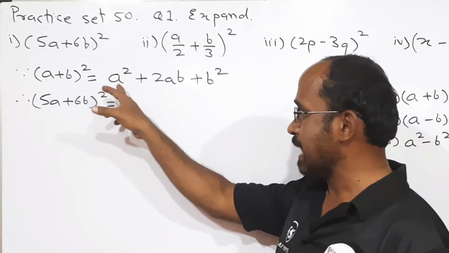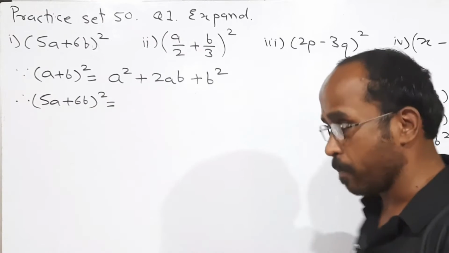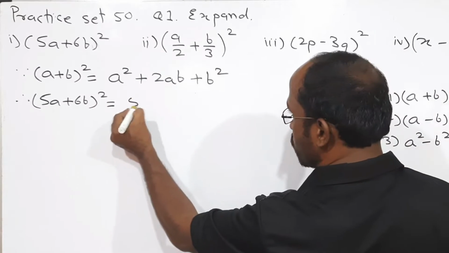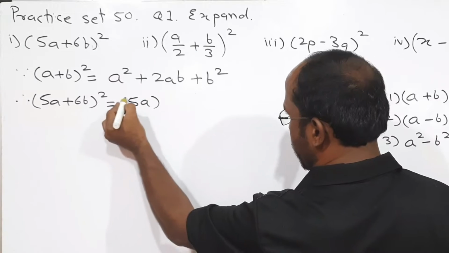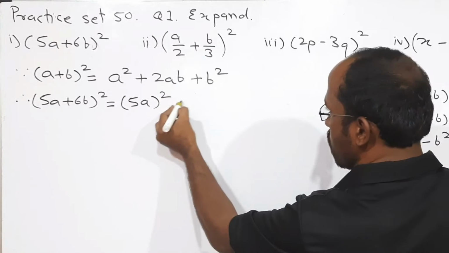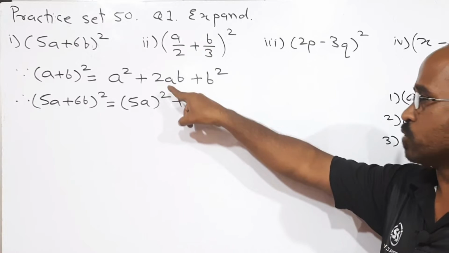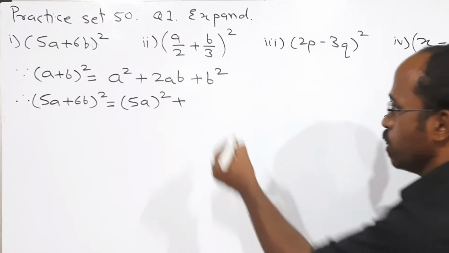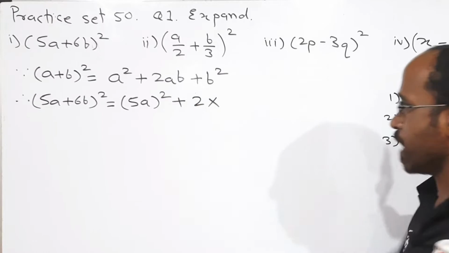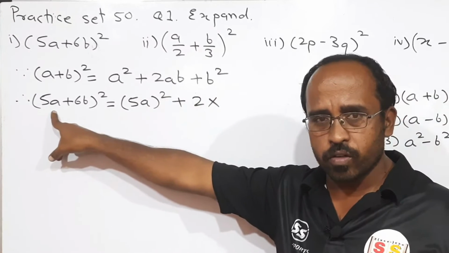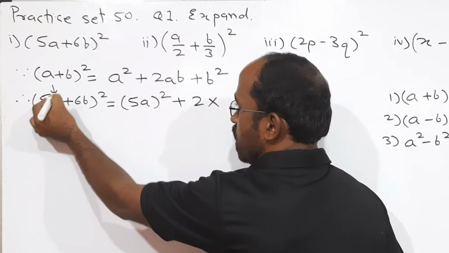So let's replace it. a square means square of 5a. As there are two terms, we have to enclose them within brackets. So (5a) square plus 2ab. The meaning of 2ab is 2 multiplied by a multiplied by b. So 2 multiplied by, at the place of a, 5a, right?